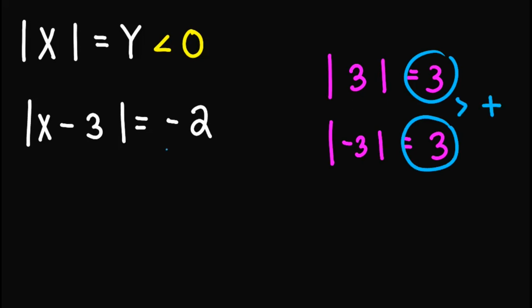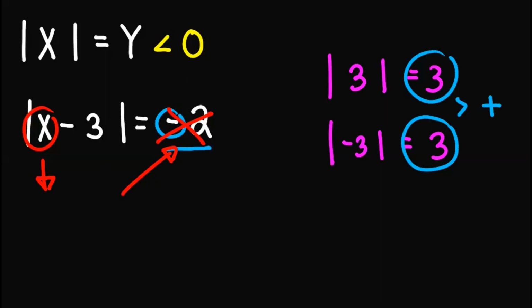But in this case, the right side of the equation is negative. So what does this mean? This means that whatever value of x we plug in here, the outcome cannot be -2. Since this is negative, and we know that the outcome of the absolute value is positive.